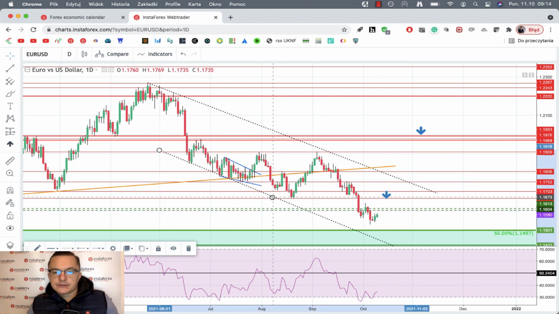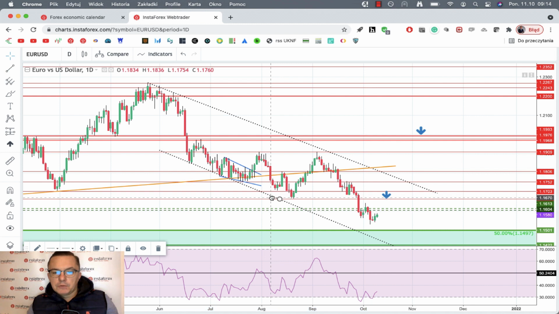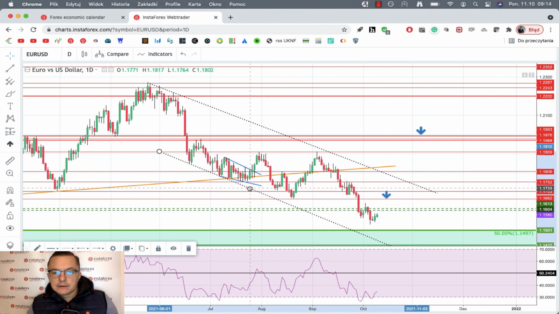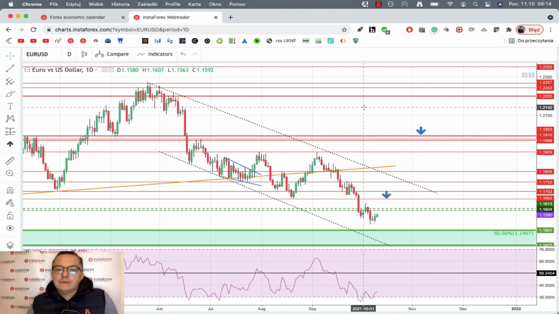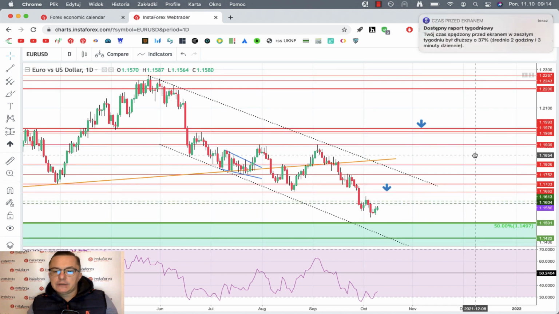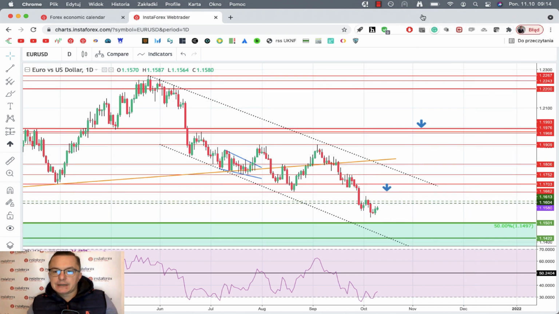So we will just move our lower channel line somewhere here. We will widen the channel because it looks like the market might be going even lower, right? So please keep an eye on these two levels as well.